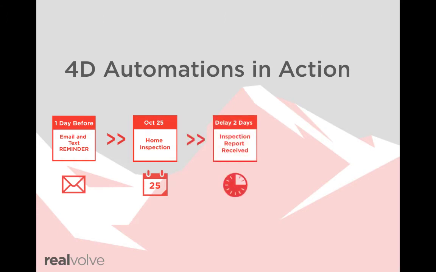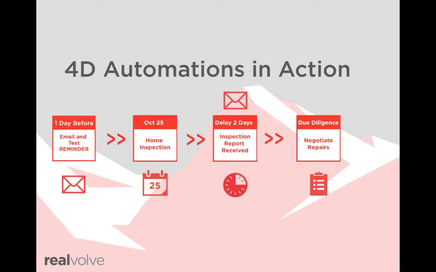Then you may want to have a delay of some sort, where you have a 2-day delay just to deal with the inspection report. Did you receive it in that 2-day period? Just as a reminder. So you can use that as an activity as well. That could be an email or whatever to send out in the event that you didn't get the delivery itself.